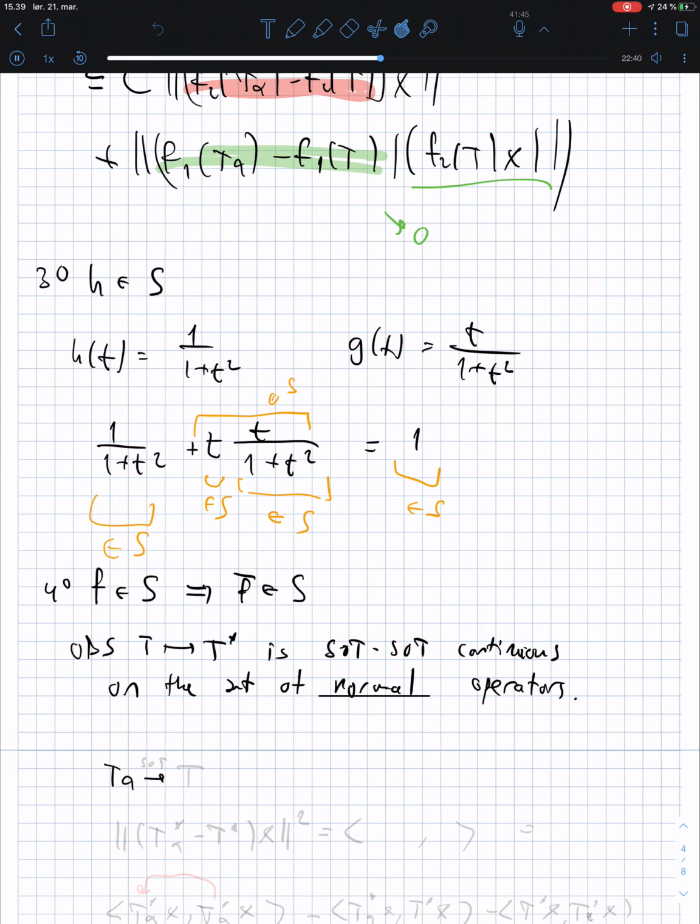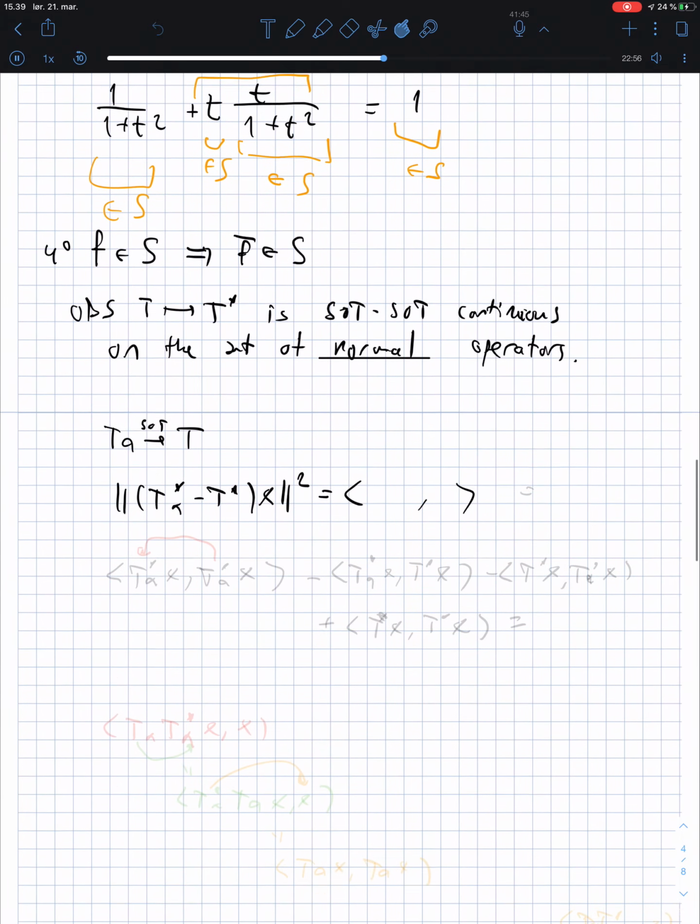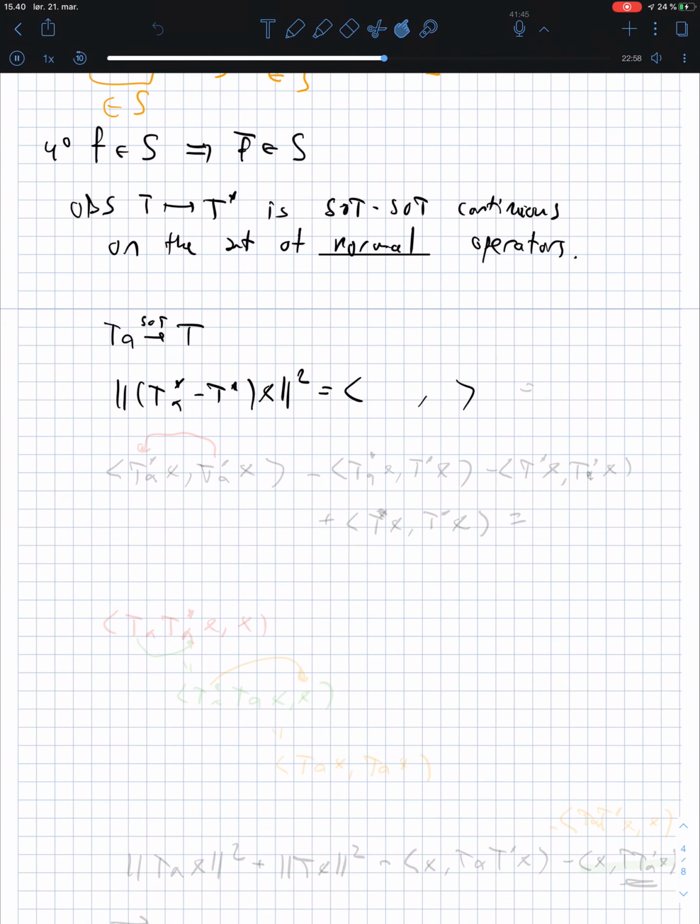Suppose we have T alpha converging to T strongly, and then we look at the difference between T alpha star and T star applied to some vector. So we think of this as an inner product with a total of 4 terms.